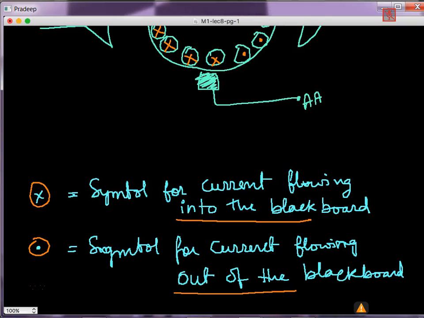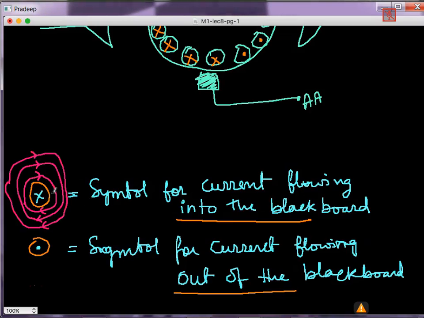Now what will be the direction of the magnetic field? If the current is flowing into the blackboard, the direction of the magnetic field will be clockwise, like this. How do you know? By applying the corkscrew rule.